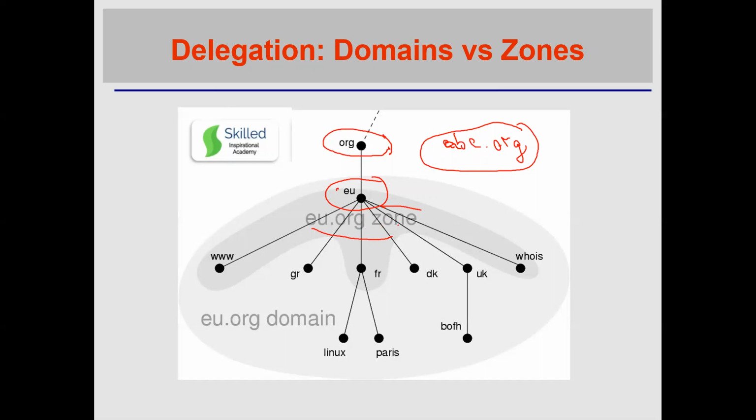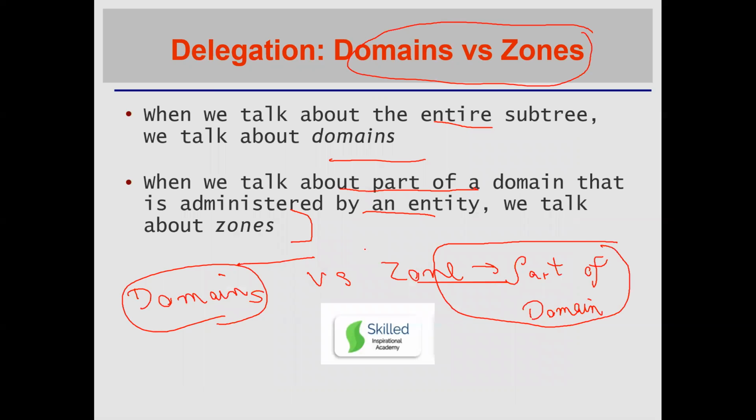Then eu.org can also be a domain, under which we can have www.eu.org, gr.eu.org, fr.eu.org. So we have categorization: a domain, then a zone can also be a domain, which can then be segregated into other parts. When we talk about a part of a domain that is administered by an entity, we talk about zones.